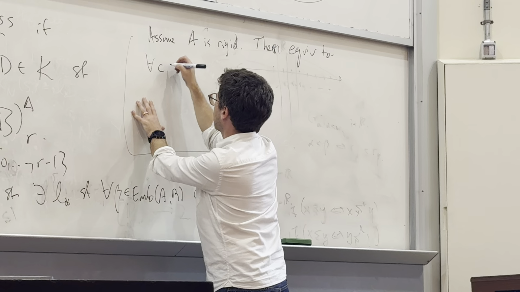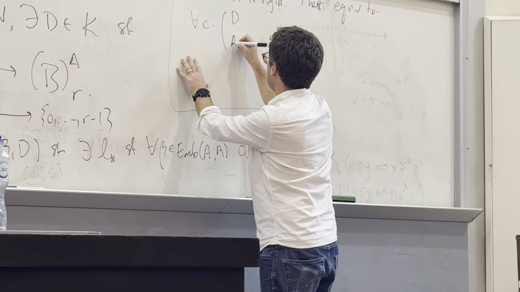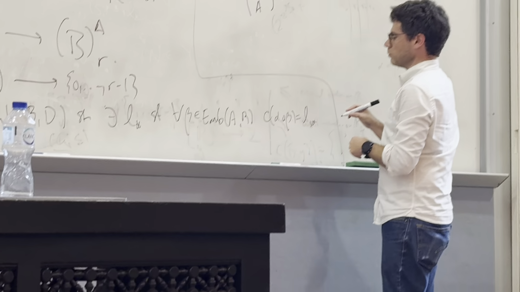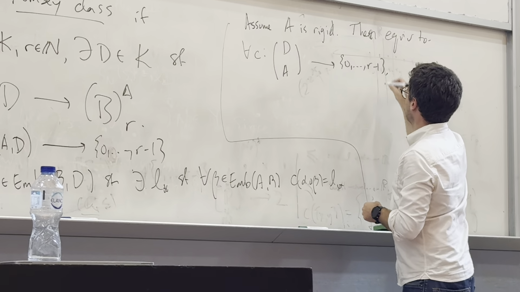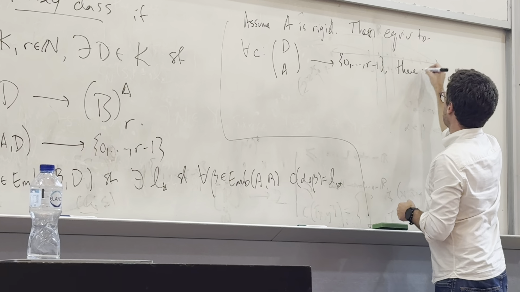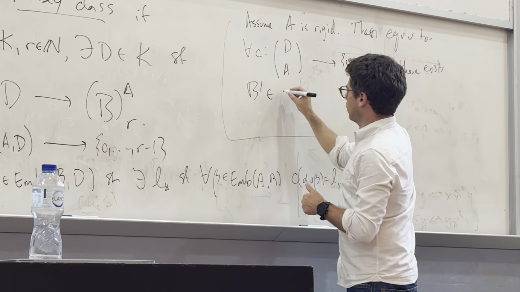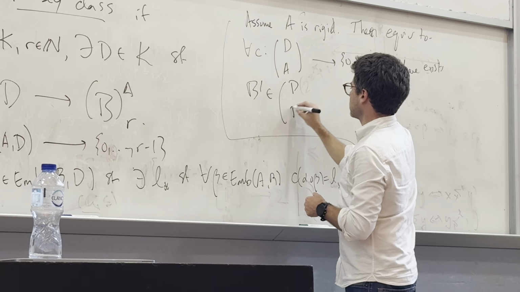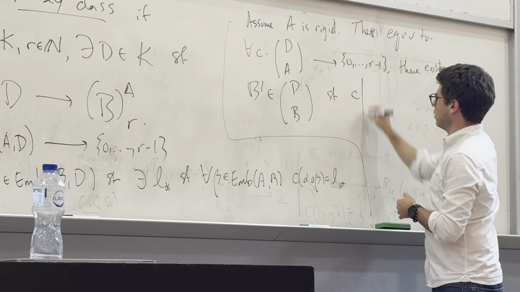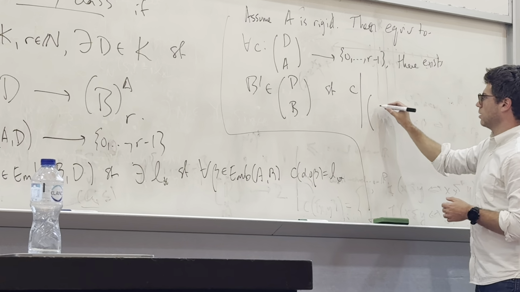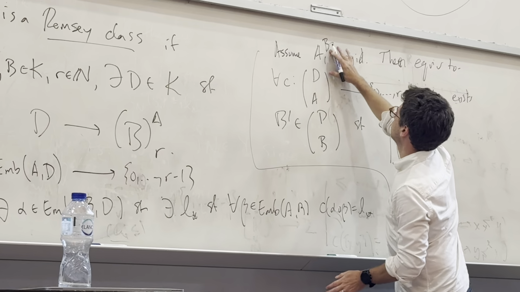whenever you have a coloring of copies of A in D with R many colors, there exists some B prime, which is a copy of B living inside of D, such that, well, I actually need A and B to be rigid.